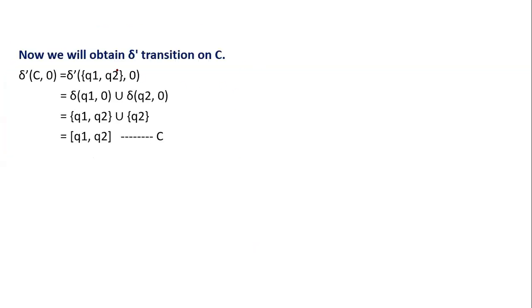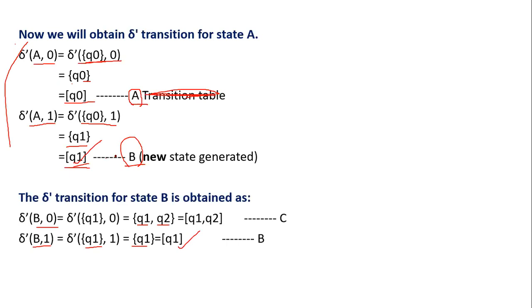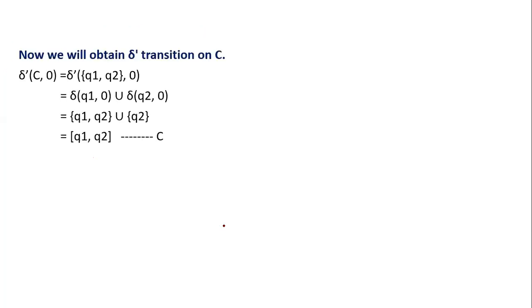So we obtain the transition on the state C, C comma 0. What is C? C is nothing but Q1 comma Q2. Here I have replaced C with Q1 comma Q2 with the input symbol 0. Two states are there, so we have to do the union: Q1 comma 0 union Q2 comma 0.